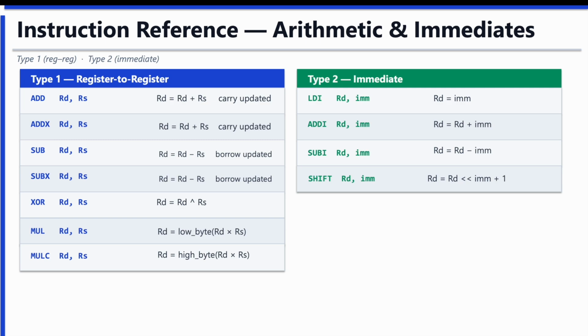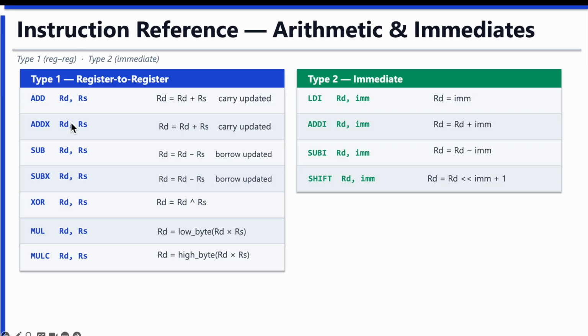So what we did instead is that we have 2 add instructions and 2 sub instructions: add and addX, and sub and subX. The main difference between add and addX is that add in this case would support RD from register 0 to register 7, but the source register would be register 0 to register 3.